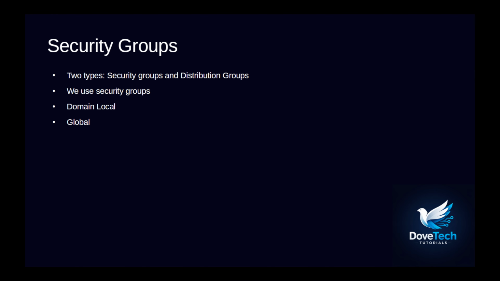Global groups can only contain members from the same domain, but can be used anywhere in the forest. These are the groups that represent logical collections of users: your engineering team, your HR department, your Rotterdam IT staff. Universal groups can contain members from anywhere in the forest and can be used anywhere. They're most useful in multi-domain forests. For DoveBridge, we'll rarely need them.